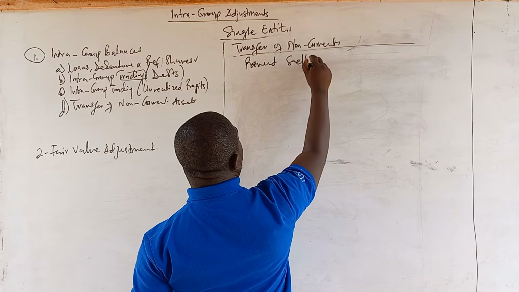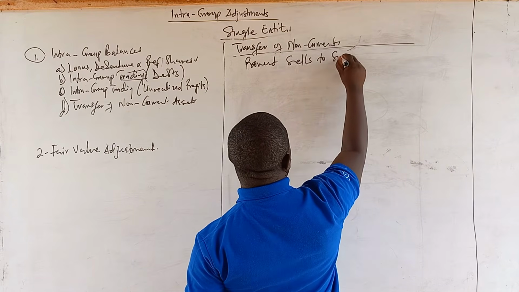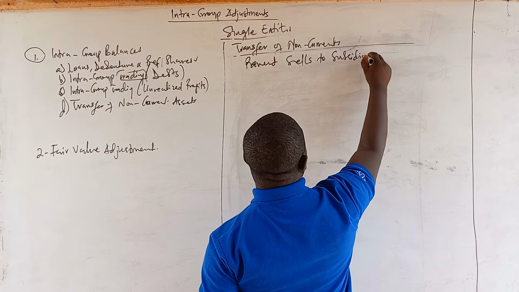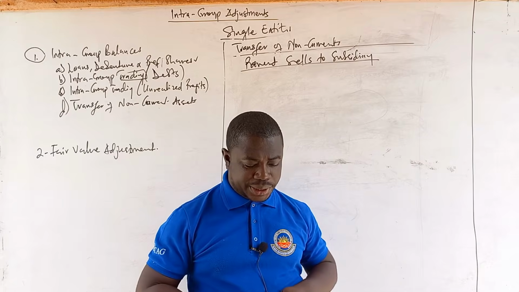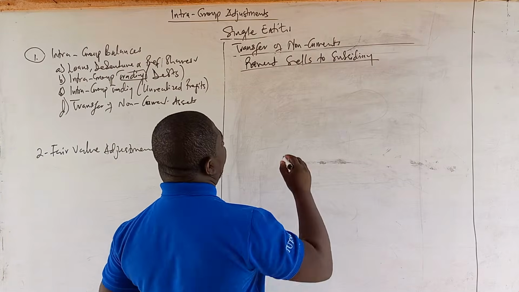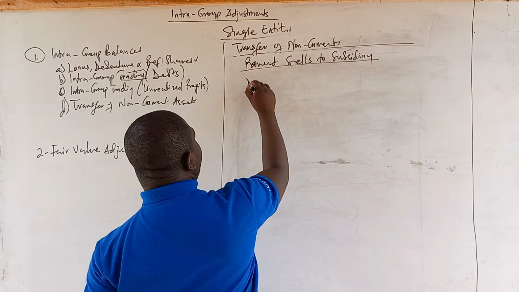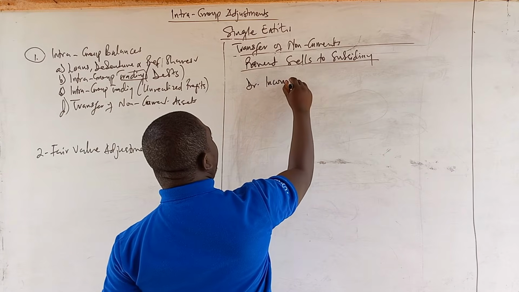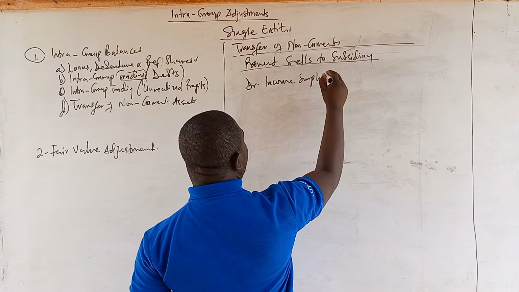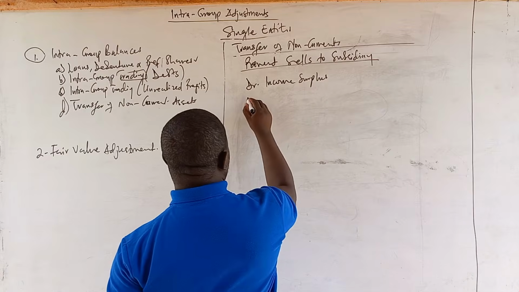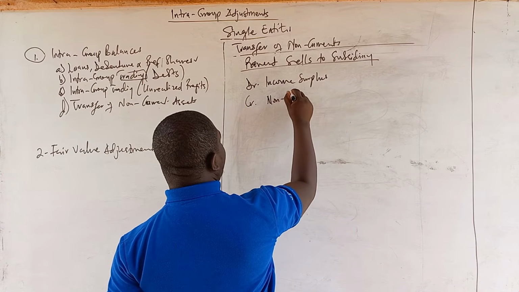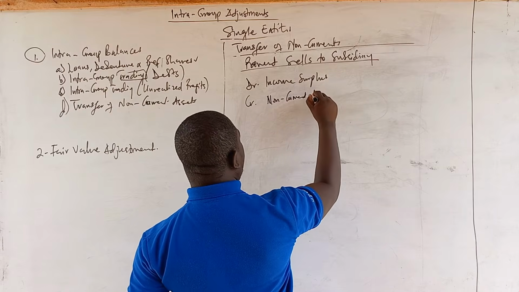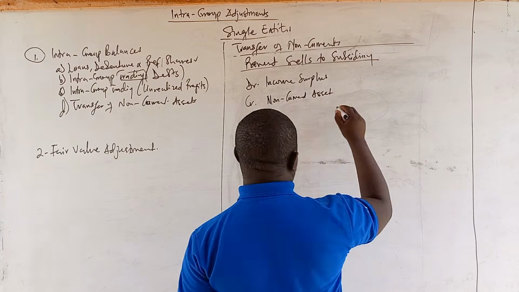All right, let's look at the treatment where the parent sells non-current assets to the subsidiary. Remember that in this case, we have no issues with non-controlling interest. So what we are going to do is debit the group income surplus and credit the non-current asset value with the unrealized profit.